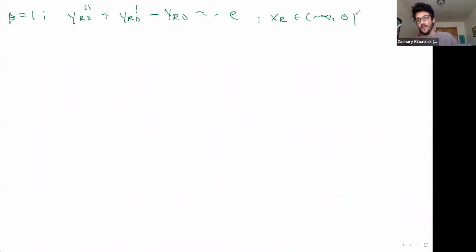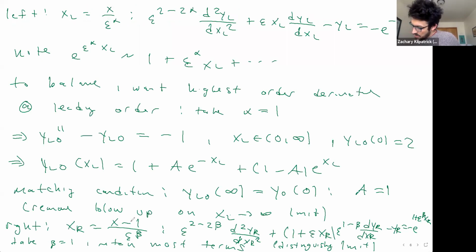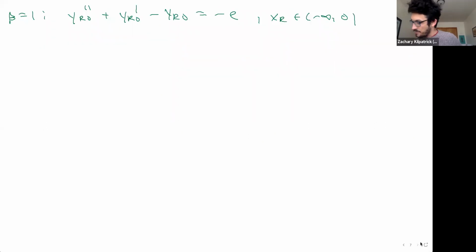Because remember, I've chosen coordinates here so that, as x is going to be less than 1, this is all going to be negative values here.